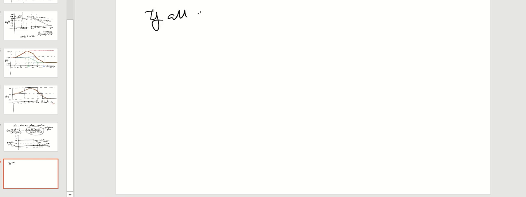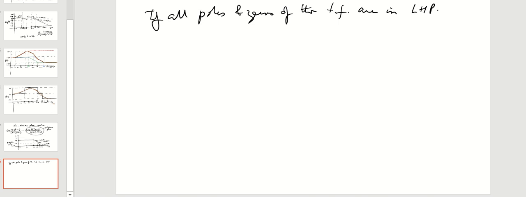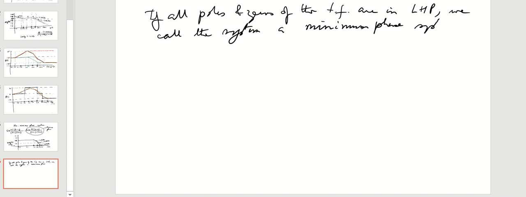If all poles and zeros of the transfer function are in the LHP, we call the system a minimum phase system.